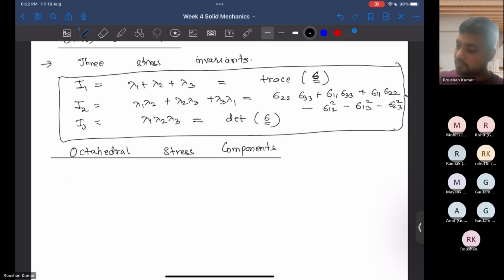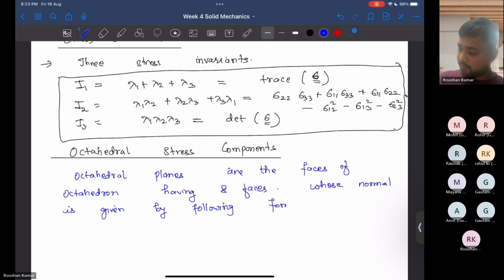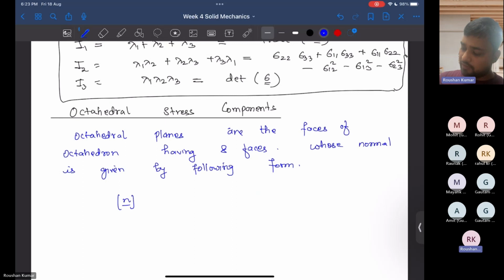So octahedral planes are the faces of an octahedron having 8 faces, whose normal is given by the following form: plus minus 1 by root 3, plus minus 1 by root 3, plus minus 1 by root 3.